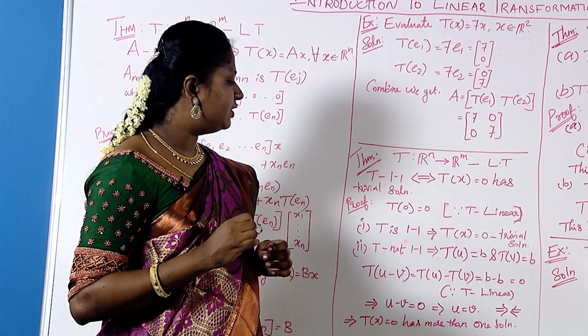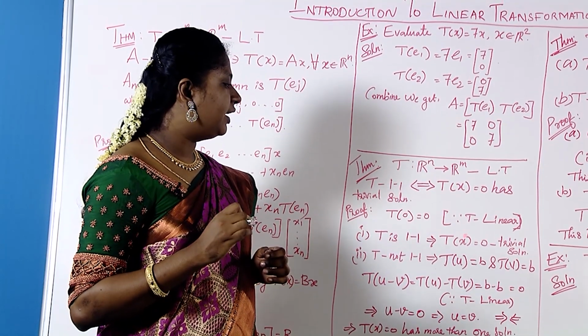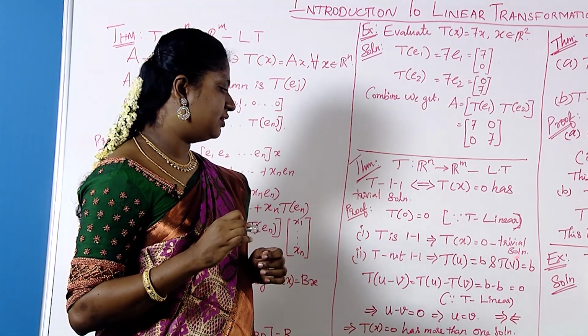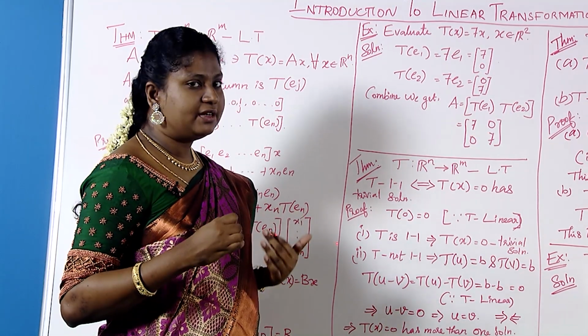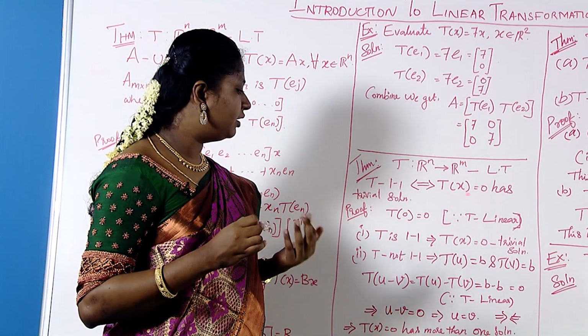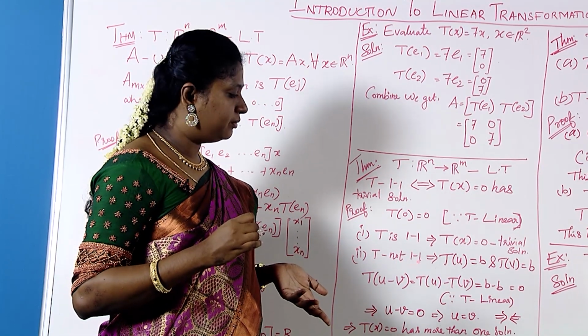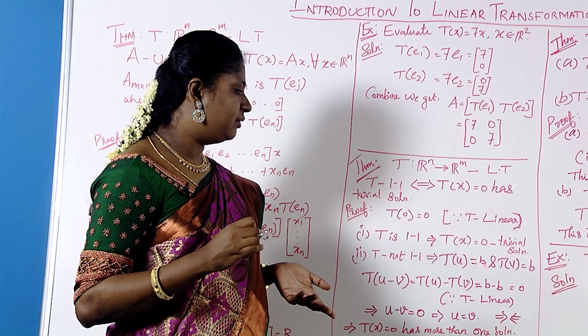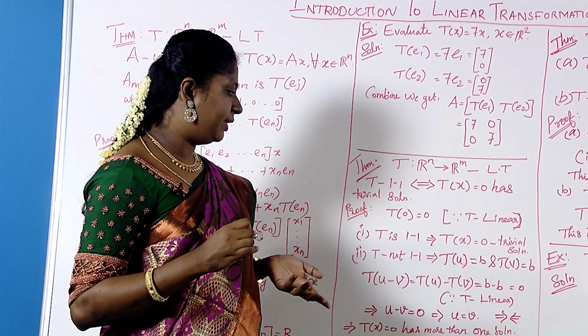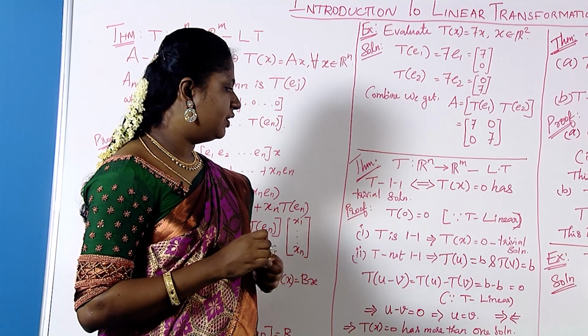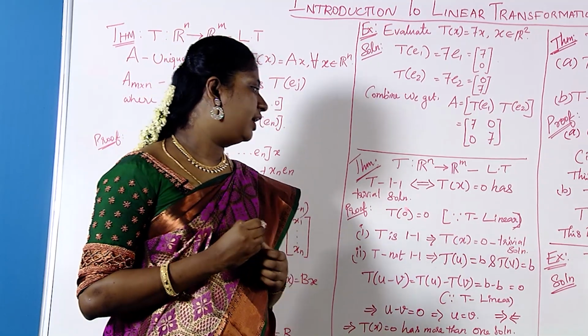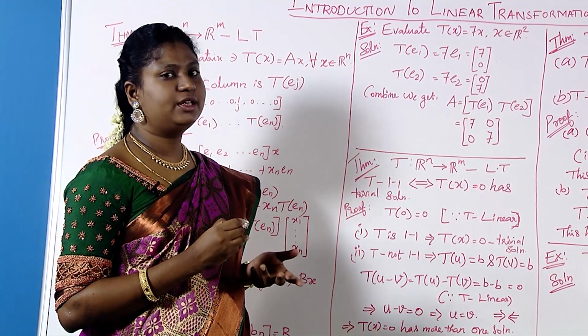Now, what you have to do is take T to be one-to-one and prove T of x is equal to 0 has only the trivial solution. For the converse part, I am going to prove it by contradiction. That is, if T is not one-to-one, I am going to prove T of x equal to 0 does not have only the trivial solution. So, now you can assume that this has a unique solution.